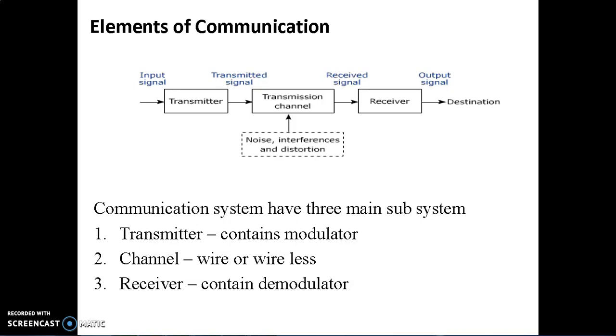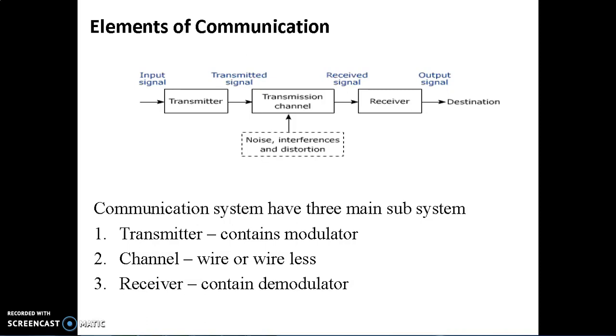This modification is done by a circuit called a modulator, and this process is called modulation. The resulting wave after modulation is called a modulated wave or the radio wave.